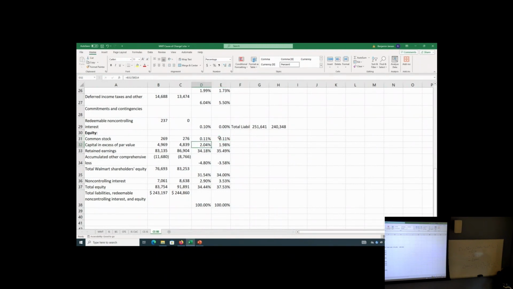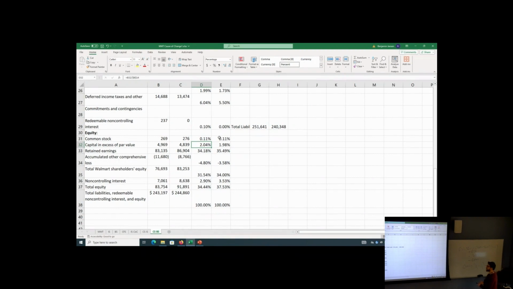Capital in excess of par value, so seasoned equity being offered, that company is issuing. And one of the most important parts of the equity portion, retained earnings. All right, what do retained earnings reflect? The accumulation of previous profitable years.